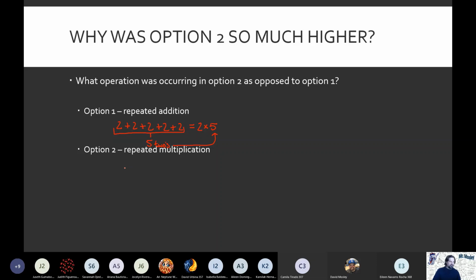With option 2, we're doing repeated multiplication. Right, so it's like we're going 2 times 2 times 2, and we do this 5 times. In this case, as Jocelyn and Nicholas were jumping ahead to here, we're using the exponent, 2 to the 5th power.